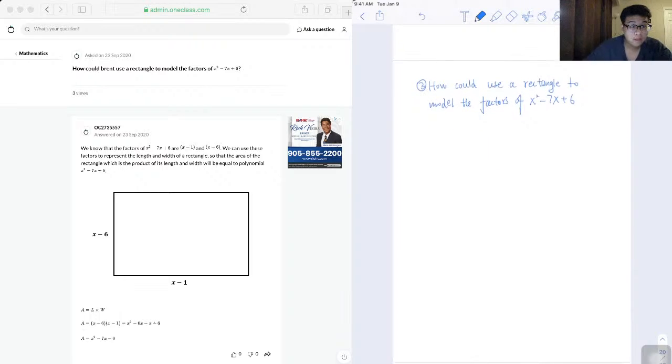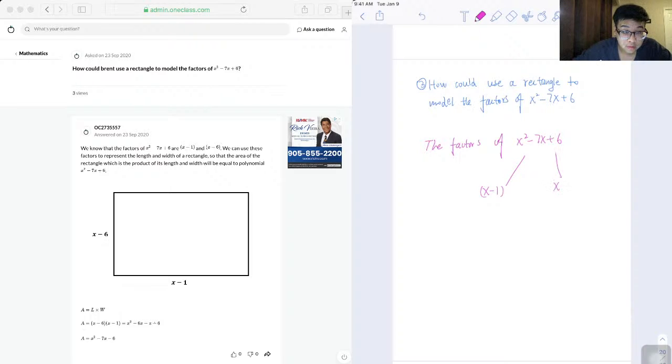Right. So first we know the factors of x squared minus 7x plus 6 are x minus 1 and x minus 6.